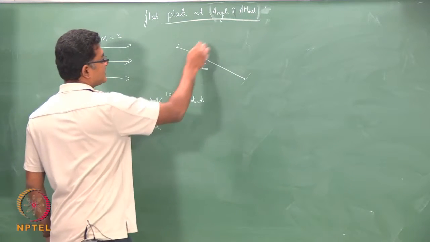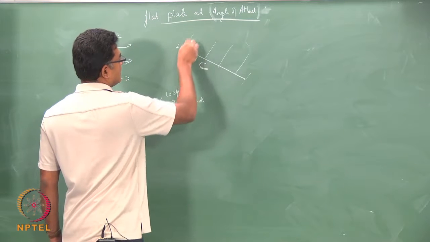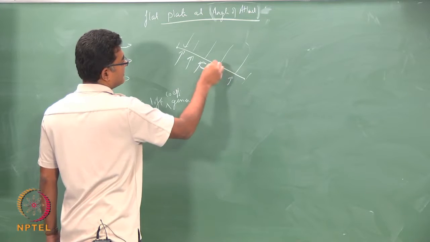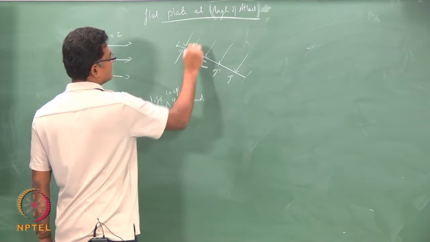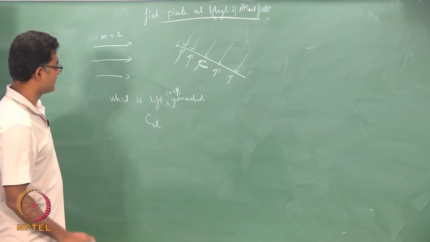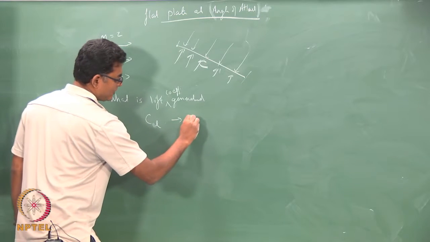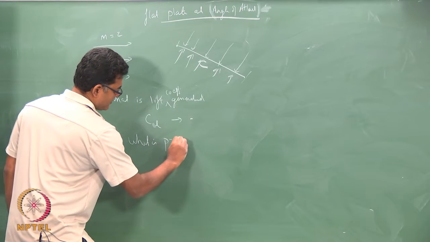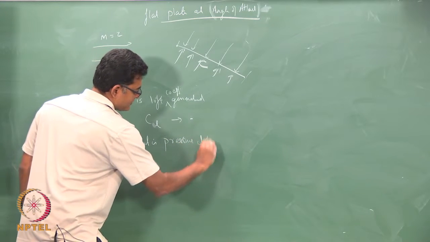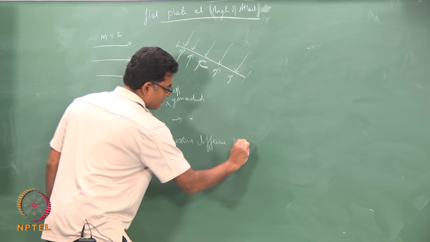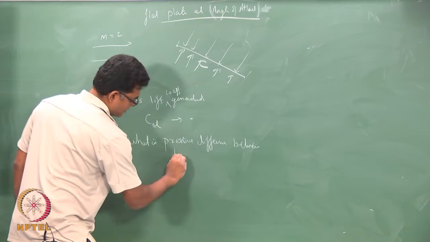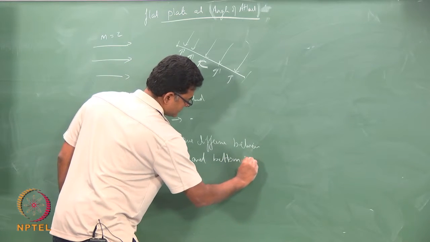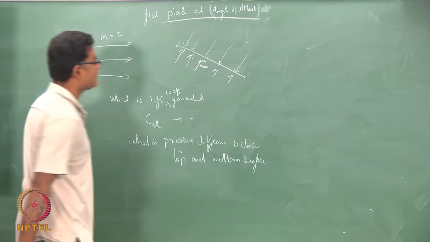Lift is nothing but the pressure difference acting on the top and bottom of the plate. So a related question will be, what is the pressure difference between the top and bottom surface?